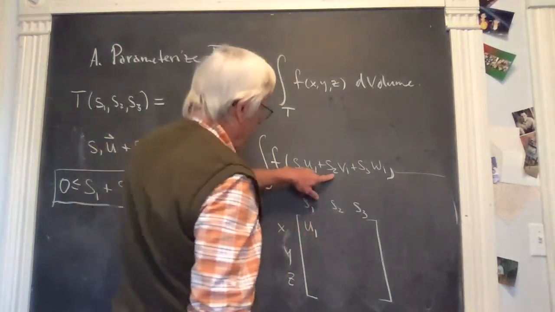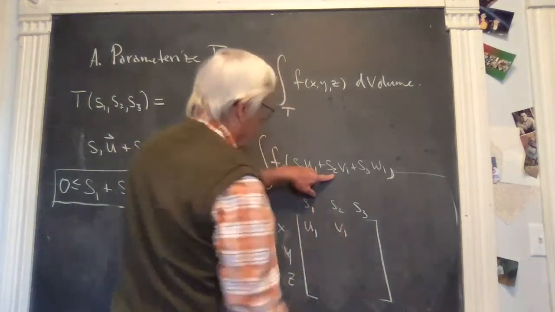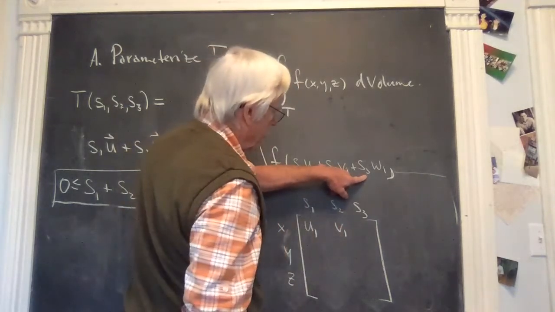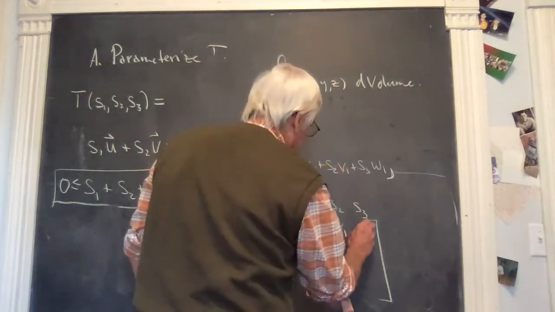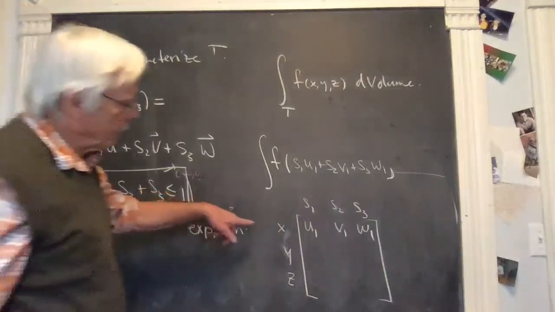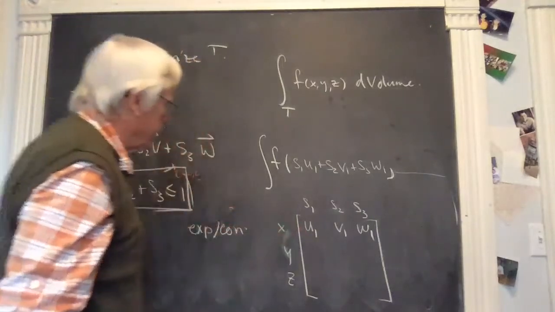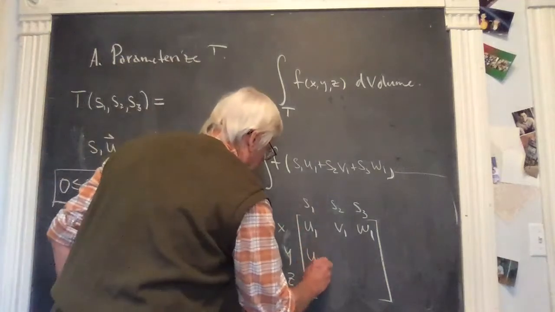The derivative of x with respect to S2 is v1. And the derivative of x with respect to S3 is w1. So the vectors that we had, u, v, and w, are going to occur in the columns.